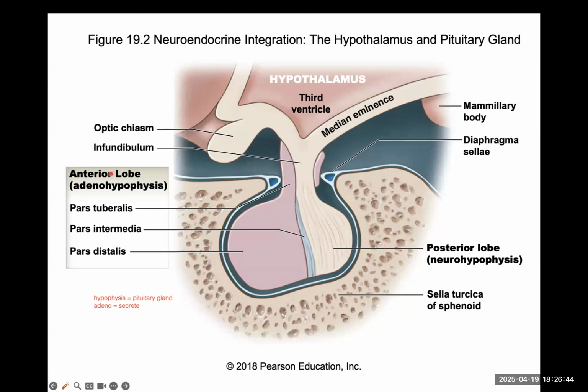So I'm just going to write that down for you. Neuro means nerve cells, and they're going to be neuroendocrine cells that come down from the hypothalamus and connect here, and then they control the posterior lobe.